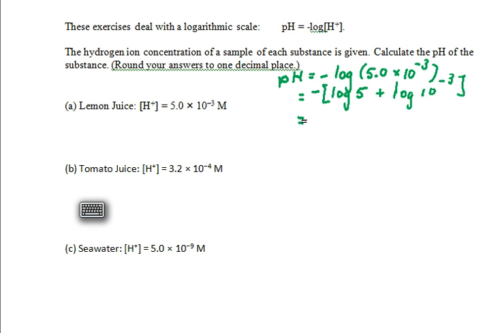And the log of 10 to the negative 3 is negative 3, and so I could write this as the opposite of negative 3 plus log 5, or simply 3 minus the common log of 5.